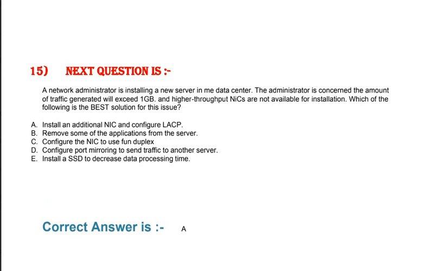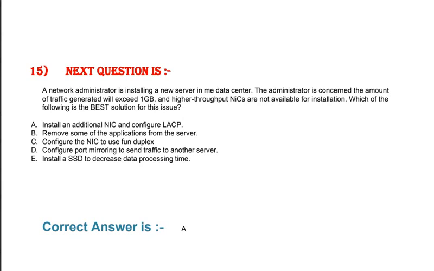Question is, a network administrator is installing a new server in the data center. The administrator is concerned the amount of traffic generated will exceed 1 GB. The higher throughput NICs are not available for installation. Which of the following is the best solution for this issue?